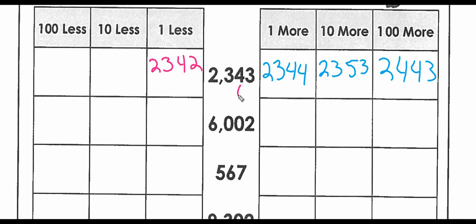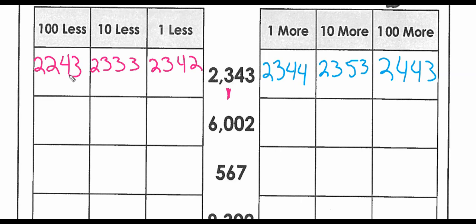So if I get 10 less, it's 2,333. Okay, so then what's 100 less? I'm subtracting 1 from the number in the hundreds place, which is that 3 right there. Okay, so I'm going to get 2,243.